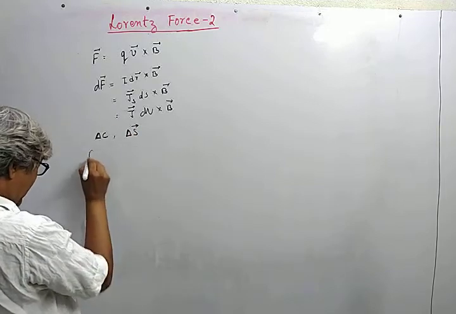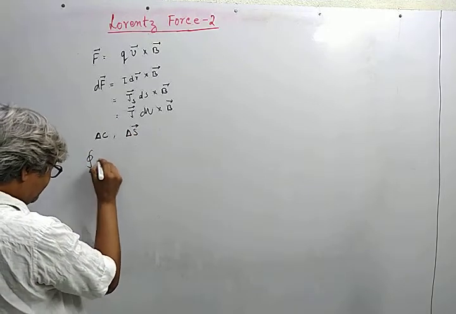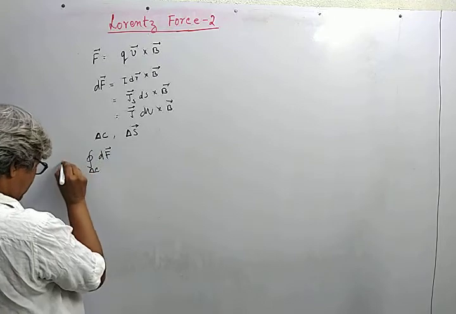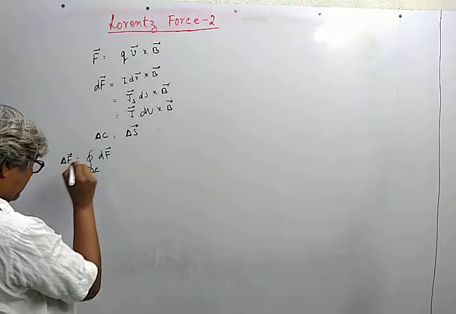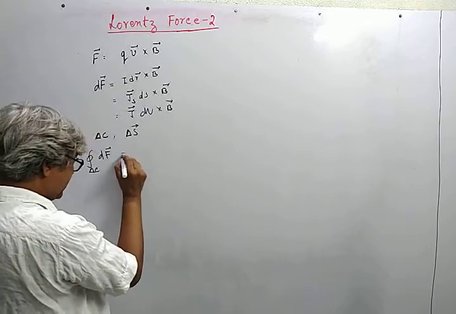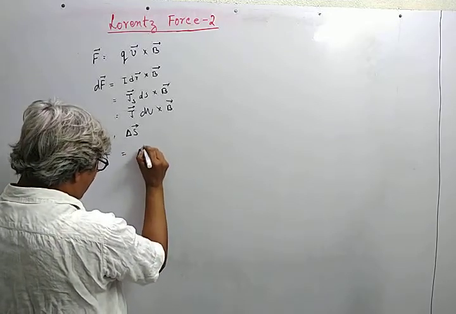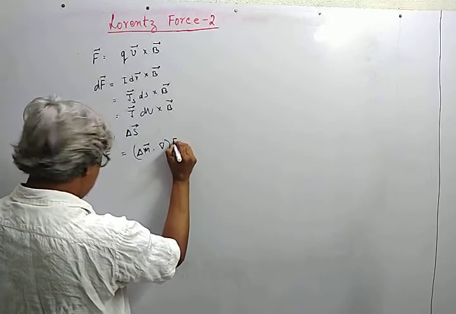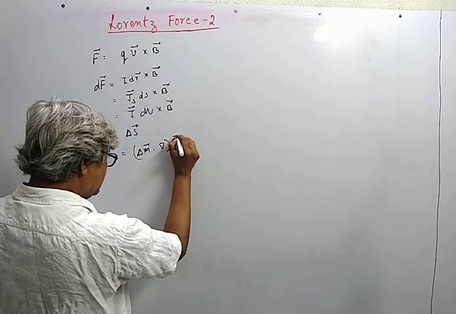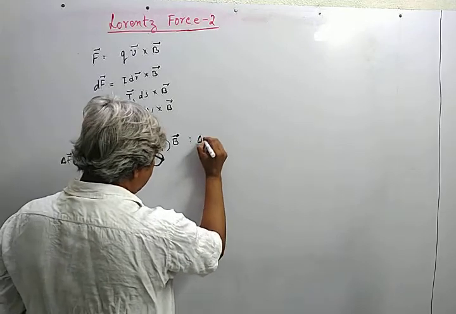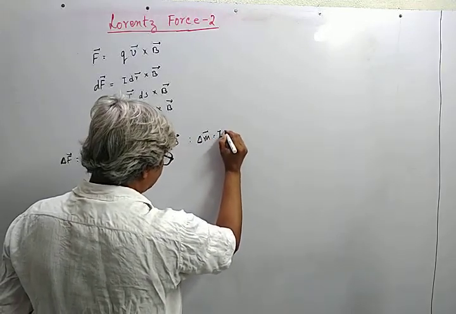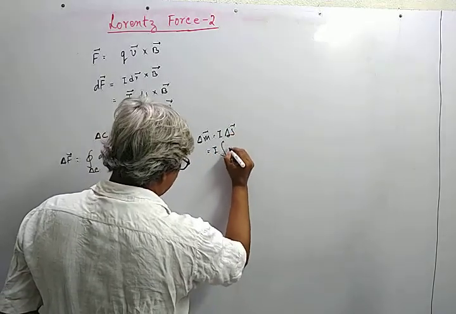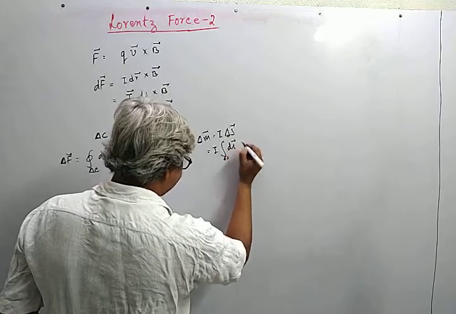Then we found that the force that acts on this, if we call it delta F, the force acting on an elementary loop is this, and this is given by delta M, where delta M is defined as I times delta S, which is I times integration over delta S ds.